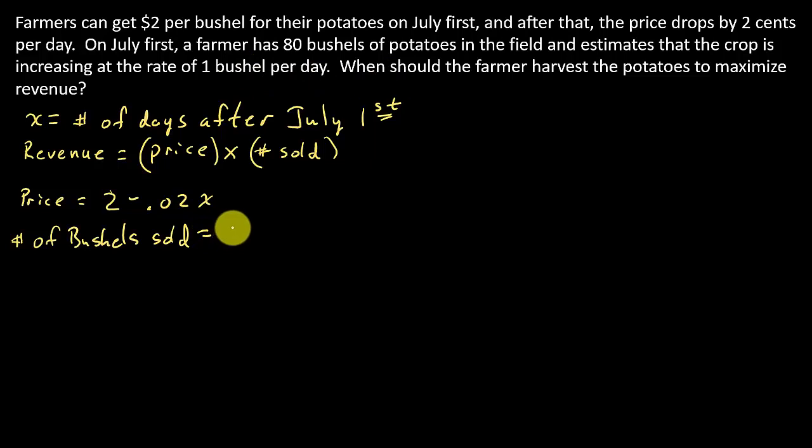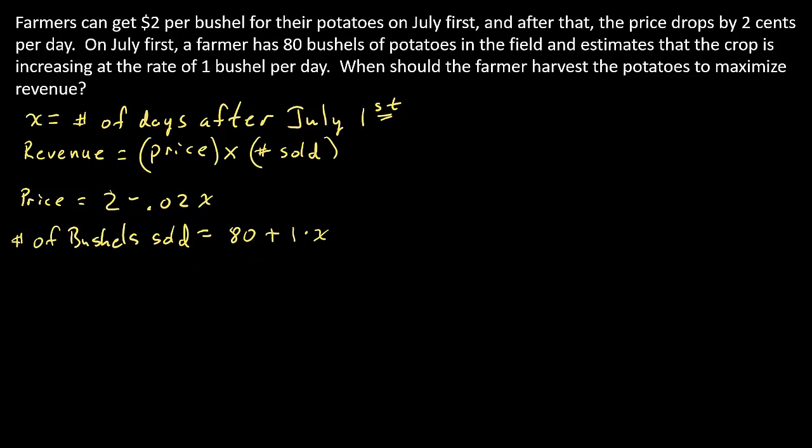So that's going to be the 80 on July 1st, and then every day after that, it's 1 times the number of days, okay? Because it's increasing at the rate of 1 bushel per day. So on the first day after July 1st, it would be what? 80 plus 1 times 1, which is 81. 2 days after, that would be 80 plus 1 times 2, which is 82, and so on. And so this is the number of bushels sold.